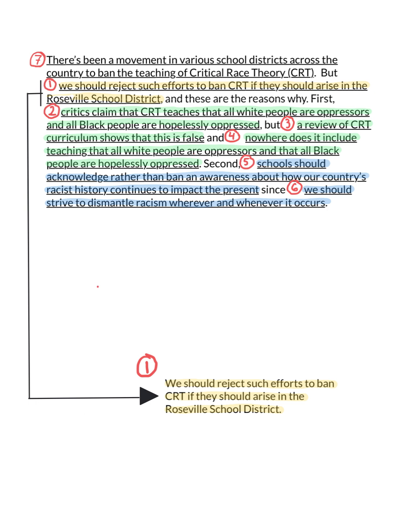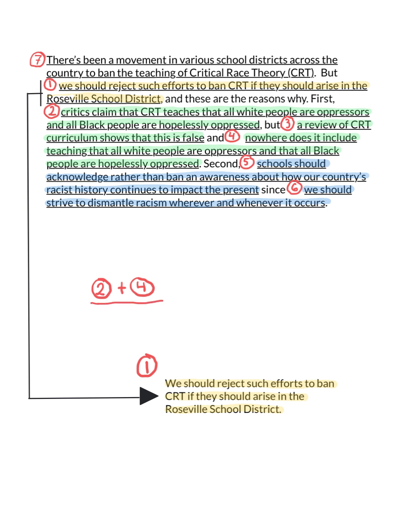Critics claim that CRT teaches that all white people are oppressors and all black people are hopelessly oppressed. But then 4 says that's a false claim. Nowhere in the curriculum does it say that.